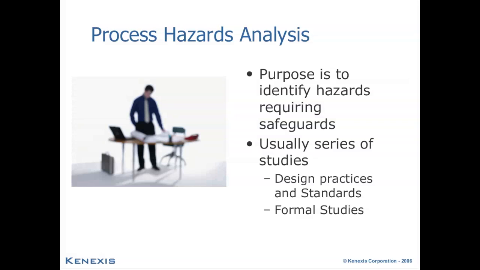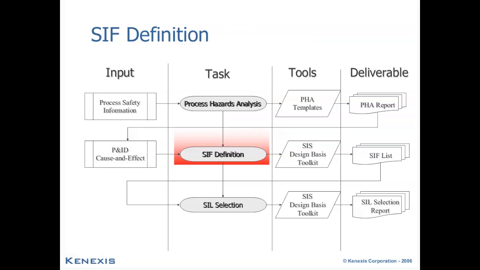Process licensors provide us valuable information about the types of hazards, and design standards and practices that have codified things for typical systems, especially systems like fired equipment, which tend to use the very same safety functions again and again. They provide us valuable information about what the potential hazards could be from certain out-of-control process conditions.